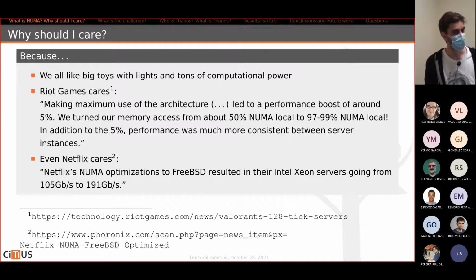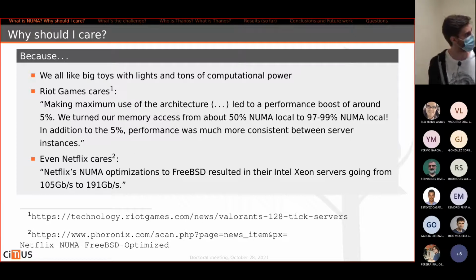Here we have 2 examples from very well-known companies. The first one is from Riot Games, that you will know for being developers of League of Legends and Valorant. This is a very interesting article because they enumerate the challenges they had to face to achieve some performance targets they had to meet in their servers for Valorant.